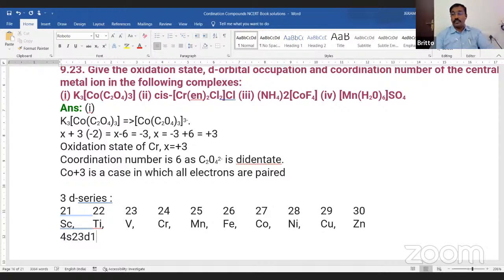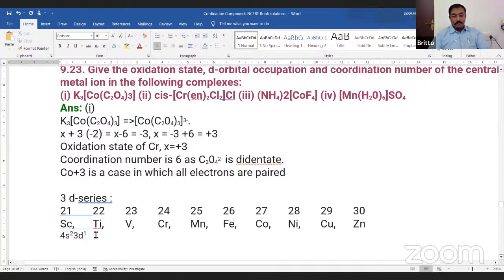Two electrons go to the 4s orbital, and one goes to the 3d orbital. So memorize that: 4s2 3d1 is the configuration of scandium.